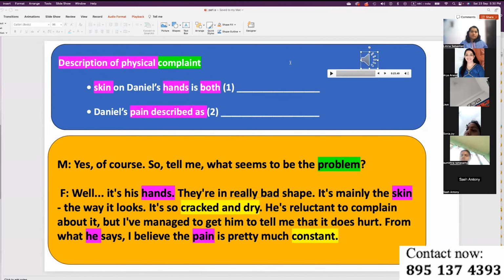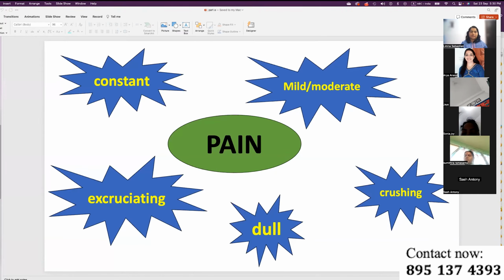Okay, so this is the way you are getting the answer. Next, we will move to the next slide. Here, I wrote this because we can see pain described as constant. So while listening to many listening materials, you can identify this type of words related to pain. You should be familiar with words like mild, moderate, crushing pain, dull pain.